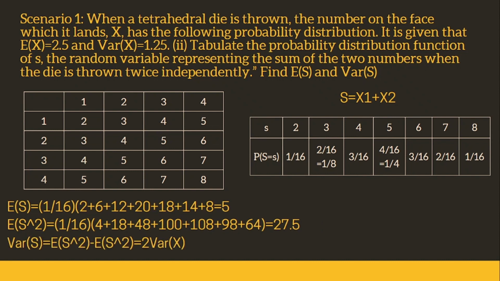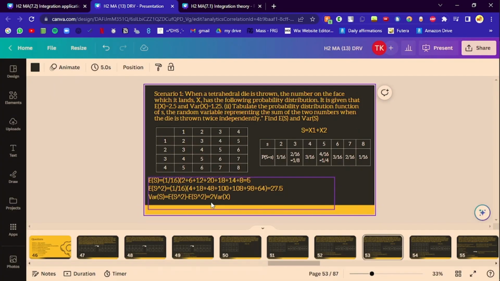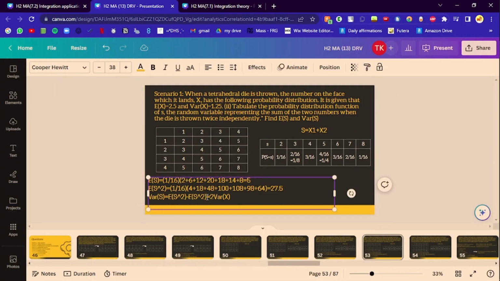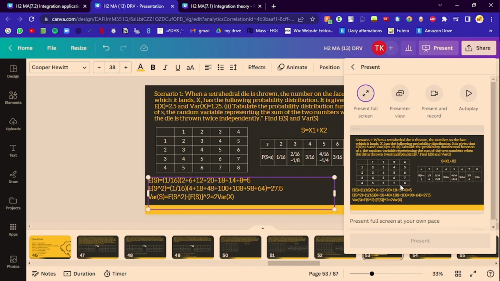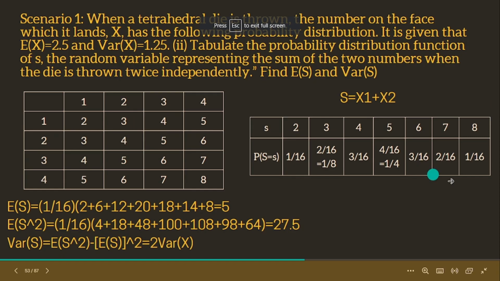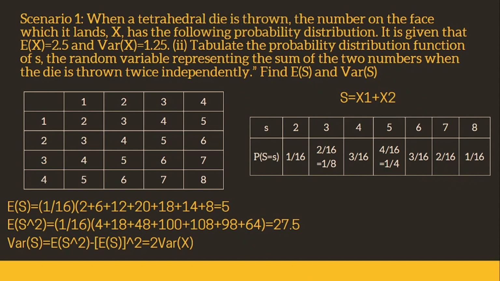Then to get the variance, it's going to be E(S squared) minus the square of E(S), which will be equal to 2 variance of X.